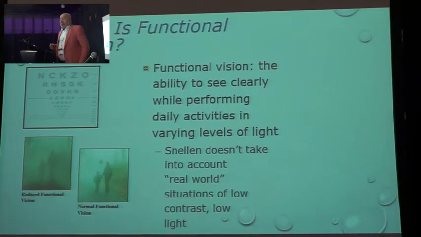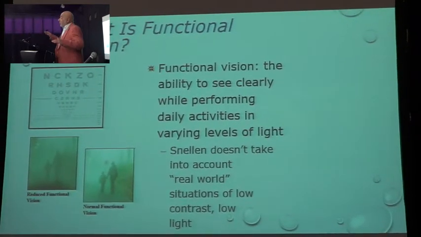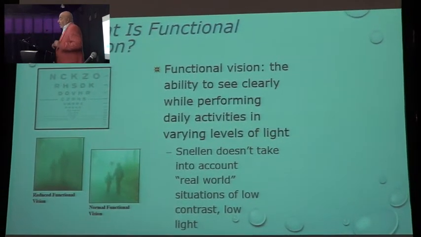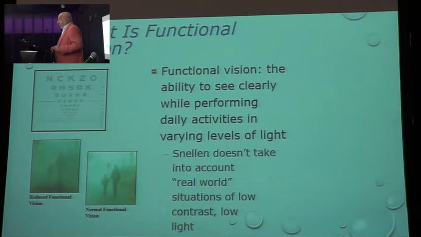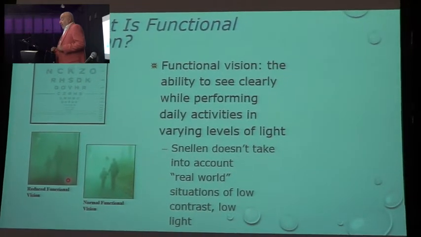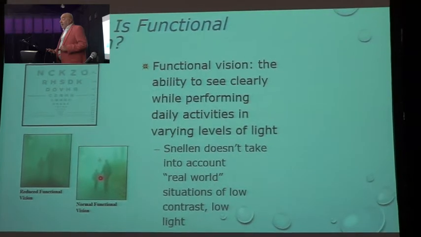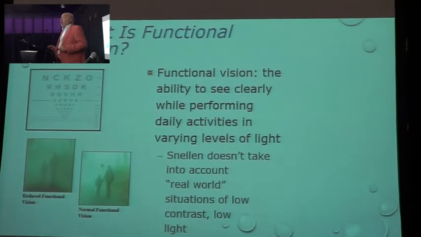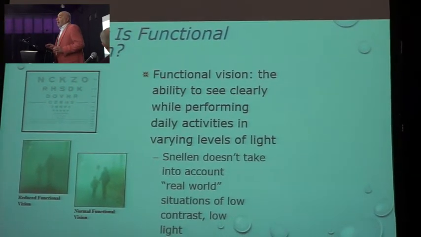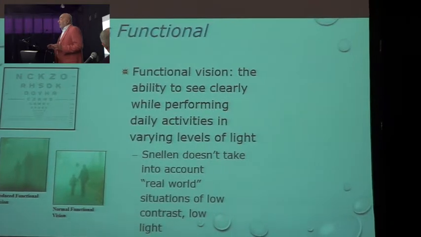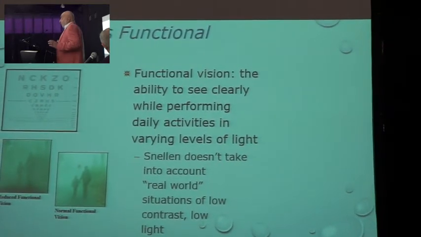And what we have to ask ourselves today is, of course, what is functional vision? And to contradict a little bit, to cause a stir, Snellen does not really take into account the real world. Because if you look at this slide and at this slide, if the optometrist or ophthalmologist measures their visual outcomes, it will give you a 20/20 or 1.0, but with different qualities.